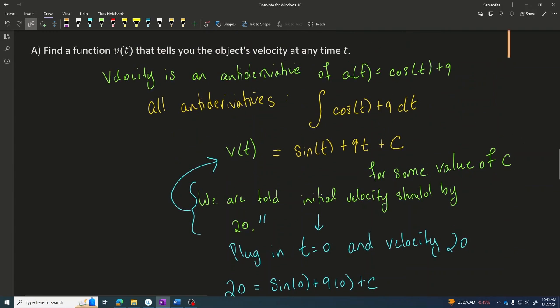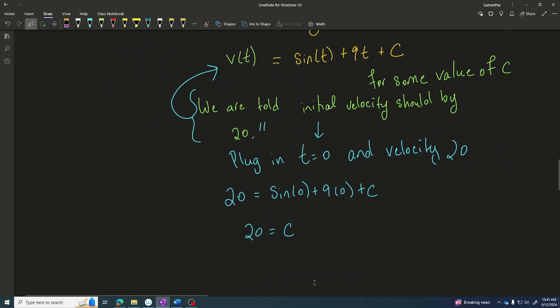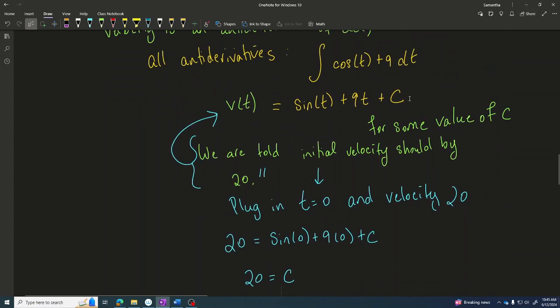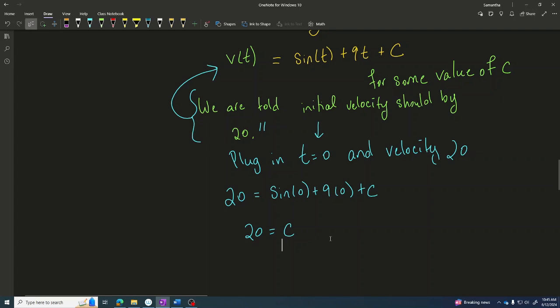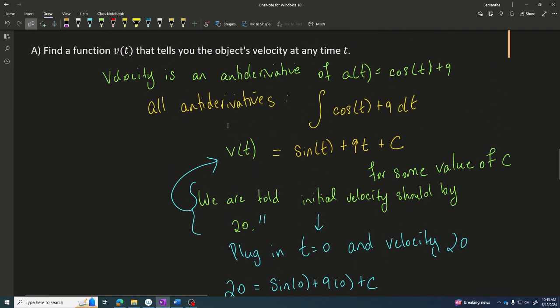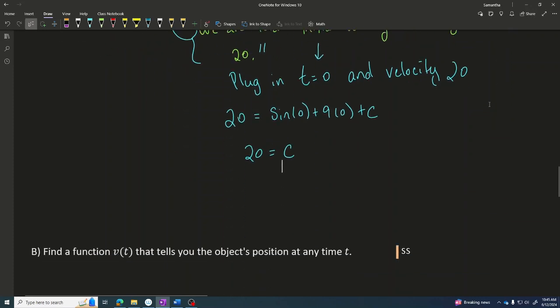So, from plugging in this one piece of data about what the velocity was equal to at this initial time, this equation was able to tell me exactly what c value I had to have in order for this function to be the correct antiderivative of acceleration.